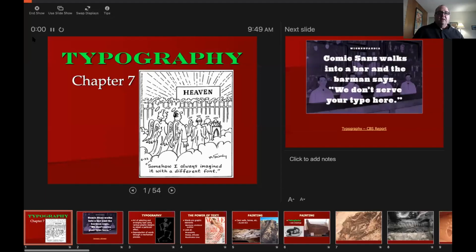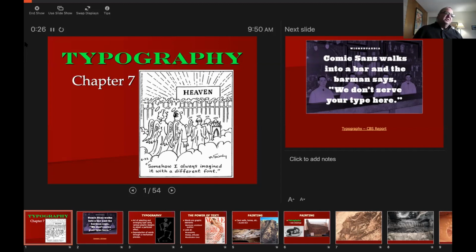Start. Okay. So this is the unit on typography, and if you look at this cartoon, it's sort of humorous in the fact that yes, typography, the type of type that we choose for various applications, does affect our perception of things, and of course vice versa.